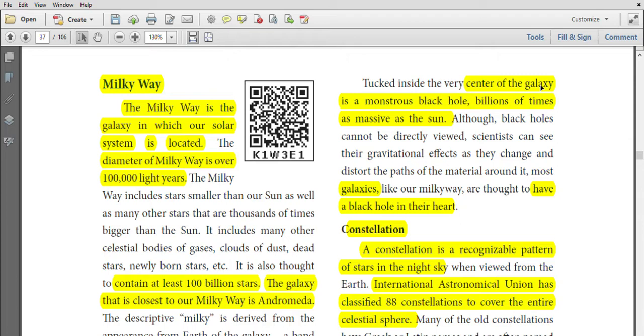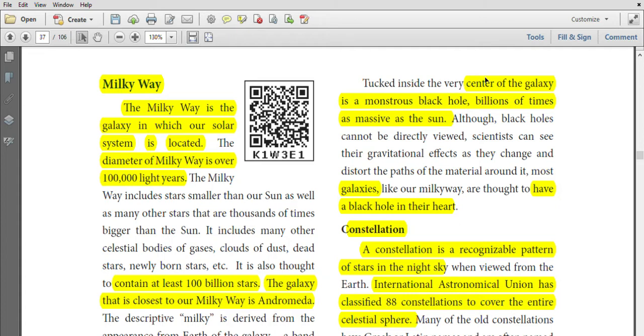The center of a galaxy has a black hole. What is a black hole? Black holes have very high gravity. When a celestial body goes near a black hole, it is absorbed by the black hole and converted into dust because of its high gravity.